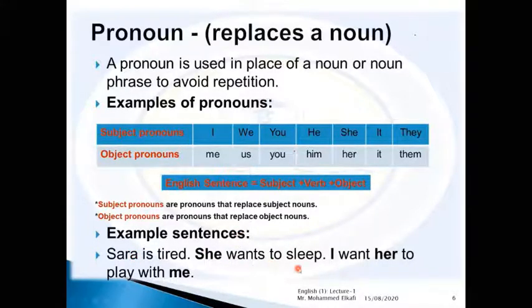She wants to sleep because she's tired. Then I can add: I want her. Her refers to Sarah. I want her to play with me. And me here refers to I.